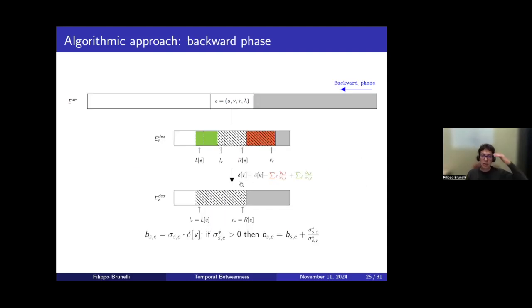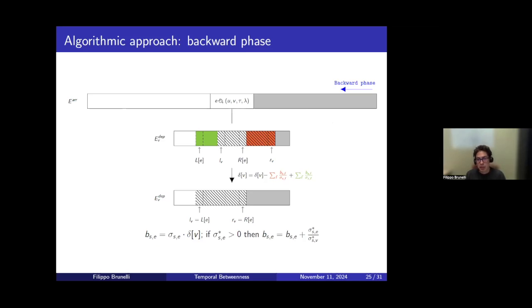So then, let's see an intuition of what the backward phase is. The backward phase is the phase where we actually compute the betweenness by bringing back the dependency of the edges. In this case, we are scanning in a backward phase, by decreasing arrival time.